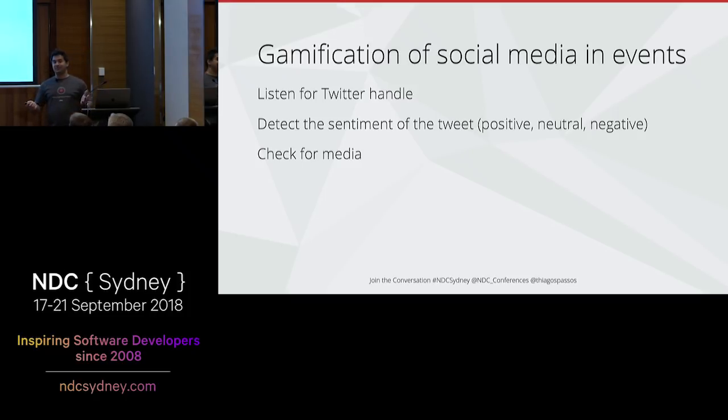And I'm going to check for media. So if the person takes a snapshot, or a selfie, or drinking with people, whatever, I'm going to check for media. And with that, I'm going to detect the faces, and I'm going to detect the level of happiness of the faces using cognitive services as well. And that's all out of the box in Azure, just FYI.